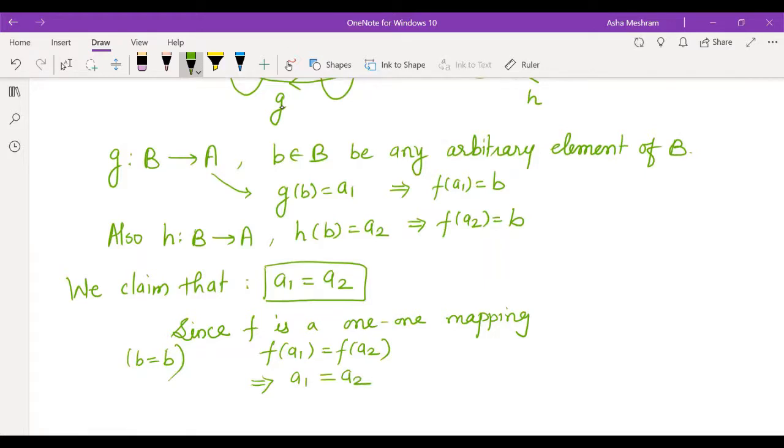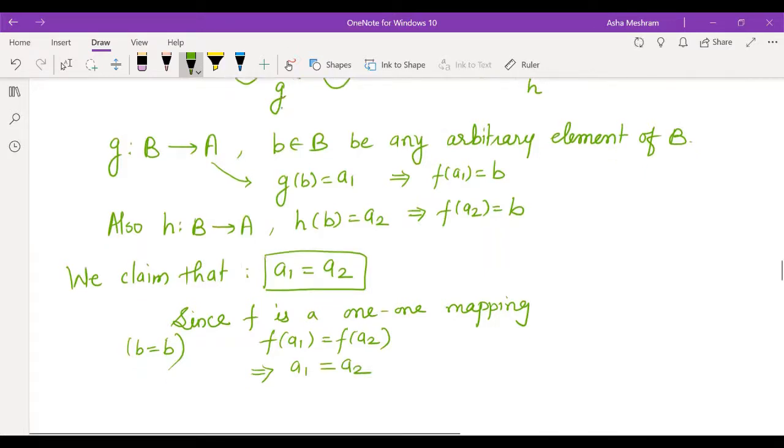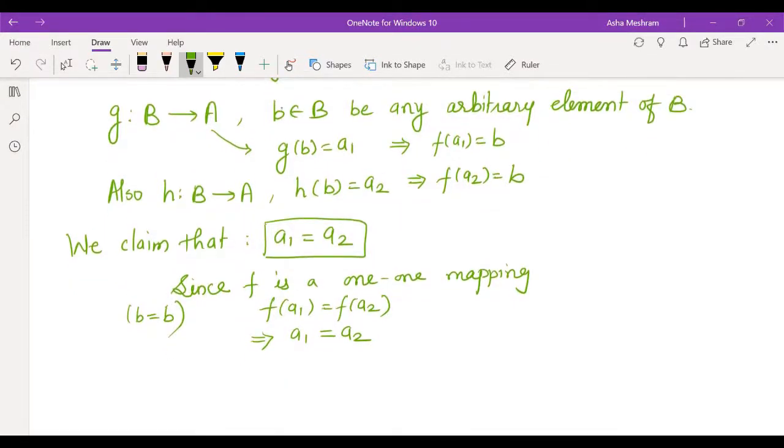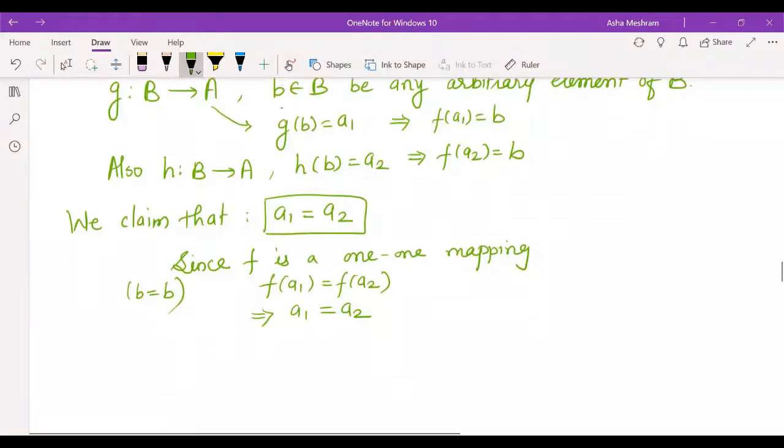That is the only thing we needed to prove, that a1 is equal to a2, and that we have done.